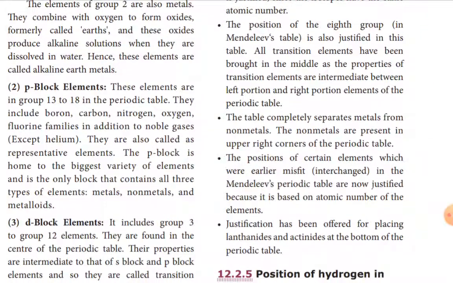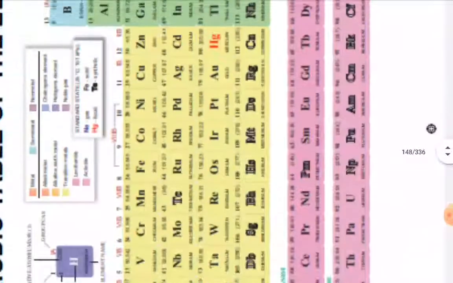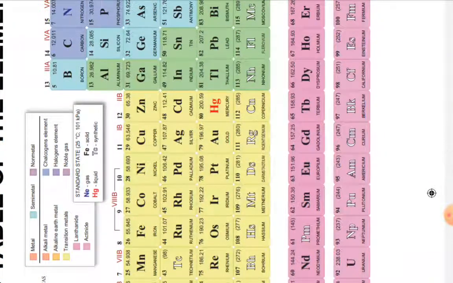Then the position of certain elements which were earlier misfit, interchanged in Mendeleev's periodic table, is now justified, because when the elements are arranged in the increasing order of atomic number, the table gives a clear-cut idea.